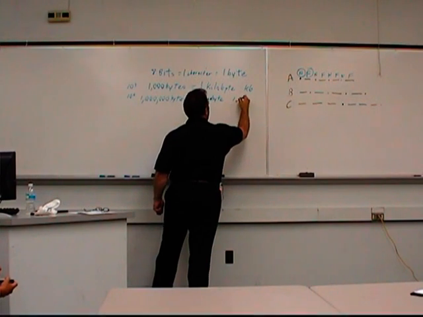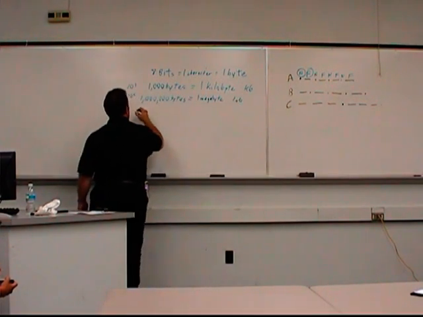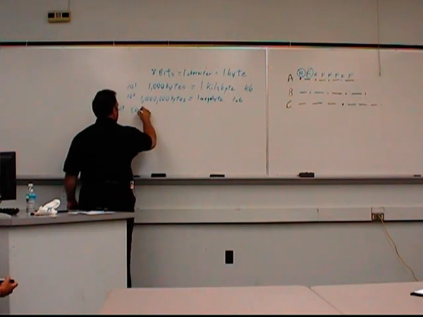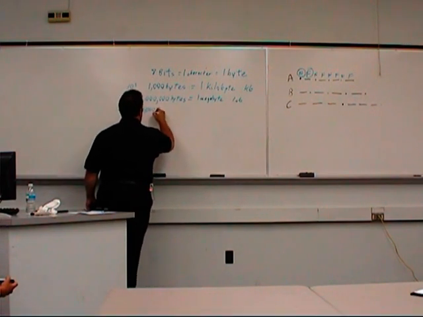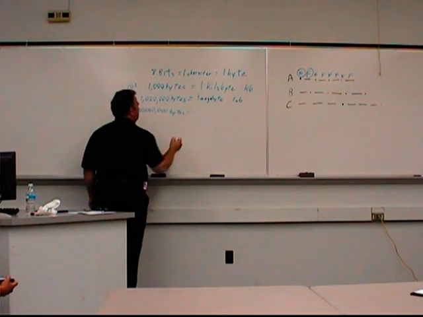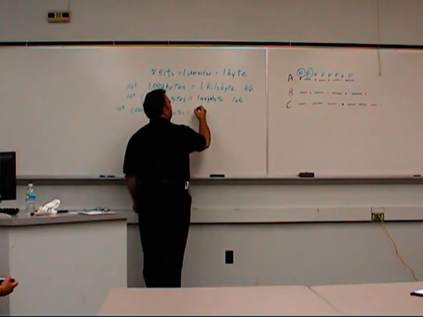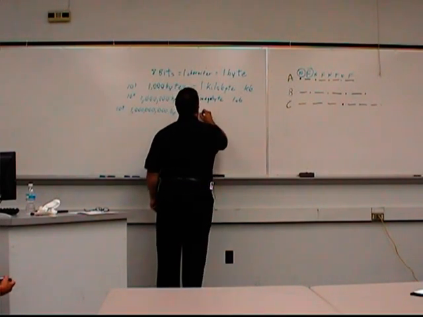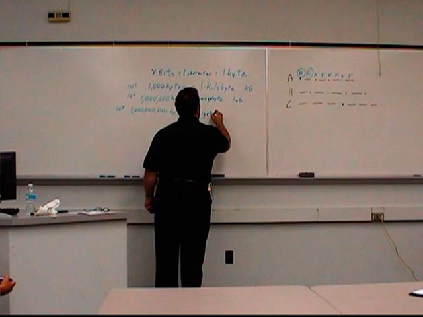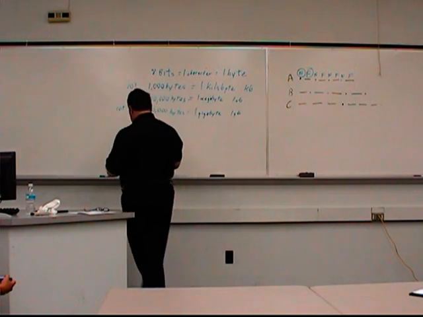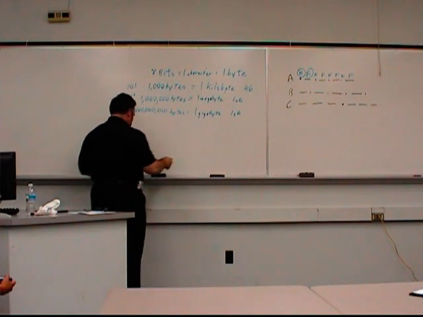or 1 MB. And the last one I'm going to write out in its entirety is 10 to the 9th. That's 1 billion bytes. What's that? Gigabytes. 1 gigabyte. 1 GB. All right. I'm going to stop writing all those zeros now.